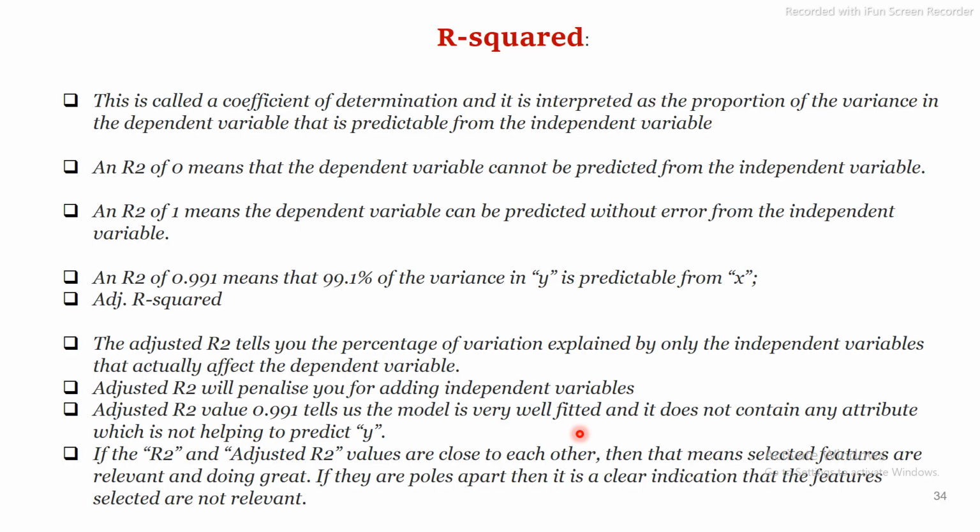Okay, so there is something called R squared. I'll explain R squared when I show you through Python programming. Leave it here, but R squared means, for example, if the R squared value is 0, the dependent variable cannot be predicted from the independent variable.